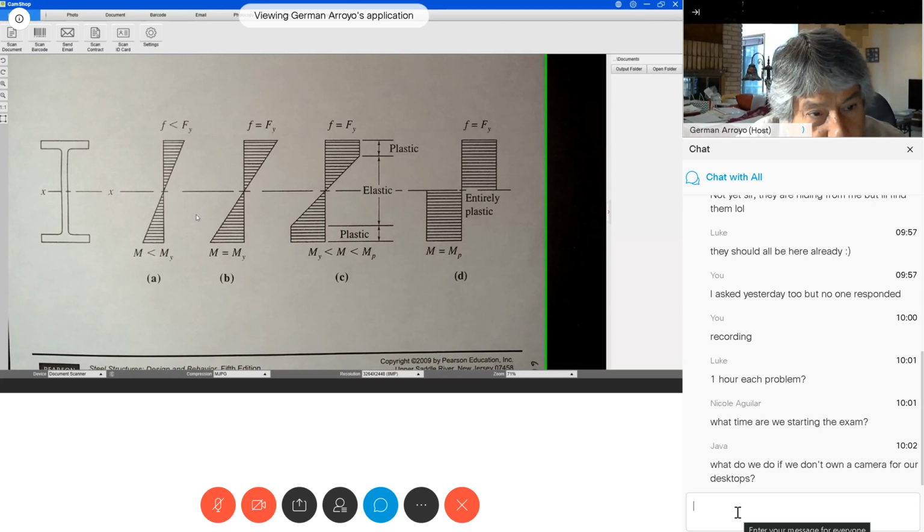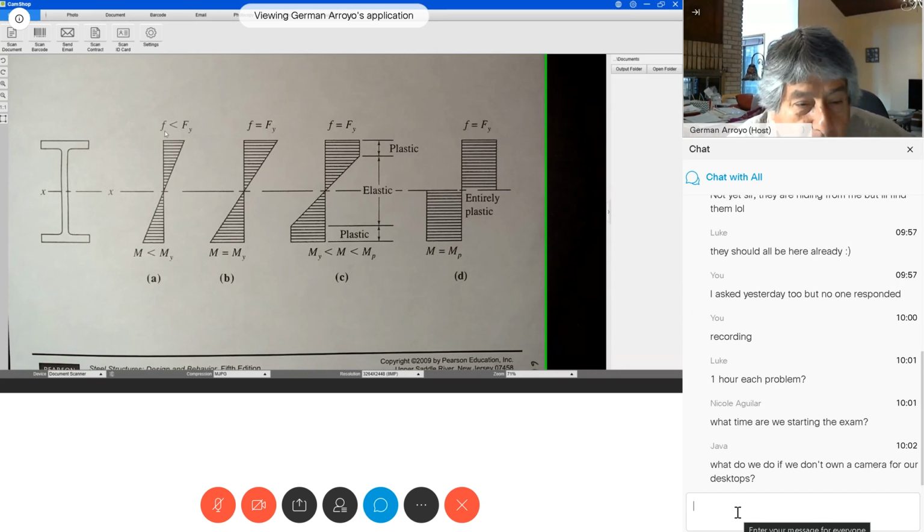The whole cross section remains elastic. That's why here they say that the moment is smaller than the elastic moment, and the top fiber and the bottom fiber have not yielded.